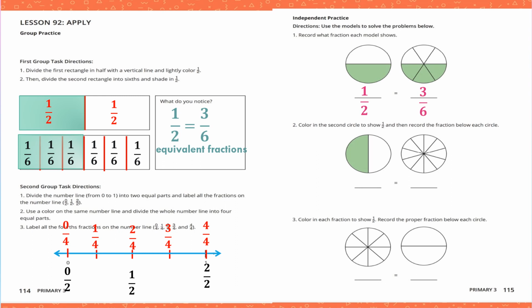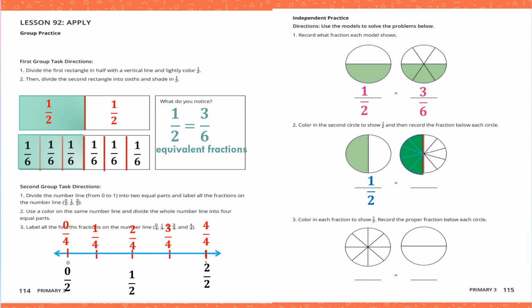Number 2, color in the second circle to show 1/2 and then record the fraction below each circle. So the first circle means 1/2. I need to color the half of the second circle like this.